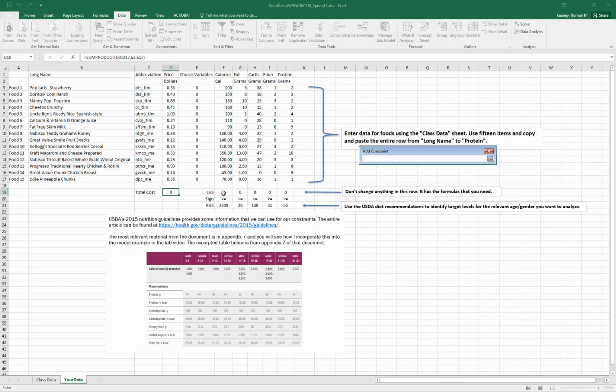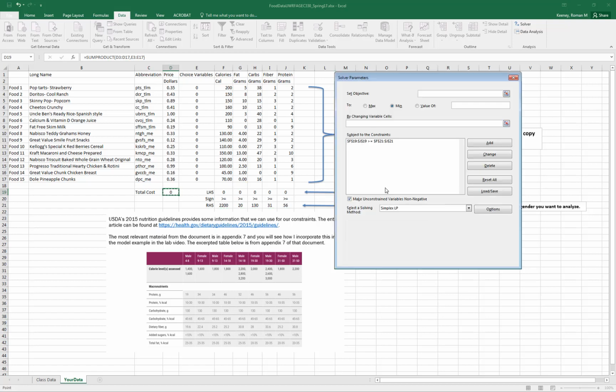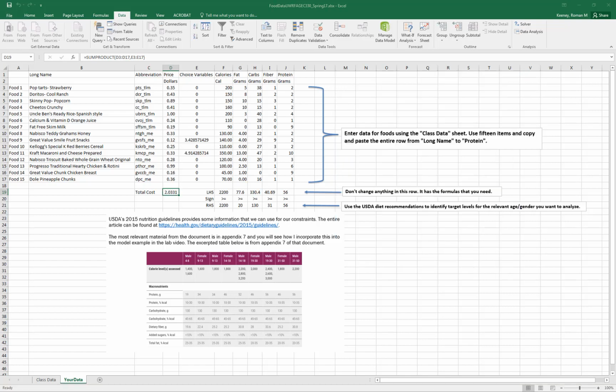For the cell reference, since they all have the same sign for the inequality, we can select all of F19 through J19 and set that to greater than or equal to. For the constraint on the right-hand side, you just select all 5 of those. Click OK. I've already checked make unconstrained variables non-negative. That means you can't have a negative contribution; you can't consume a negative amount of anything. Then Simplex LP is our method, and we click on Solve. Okay.